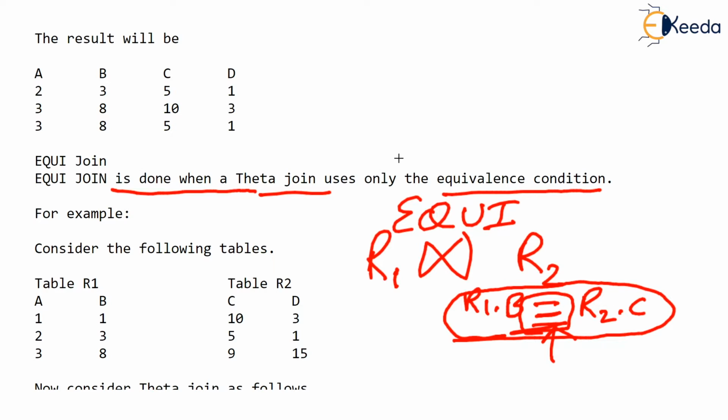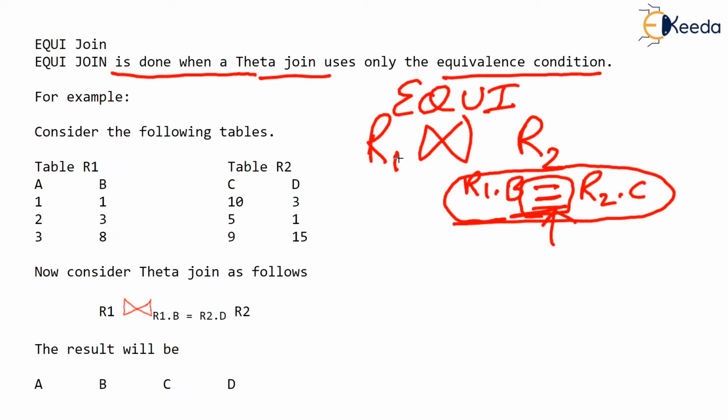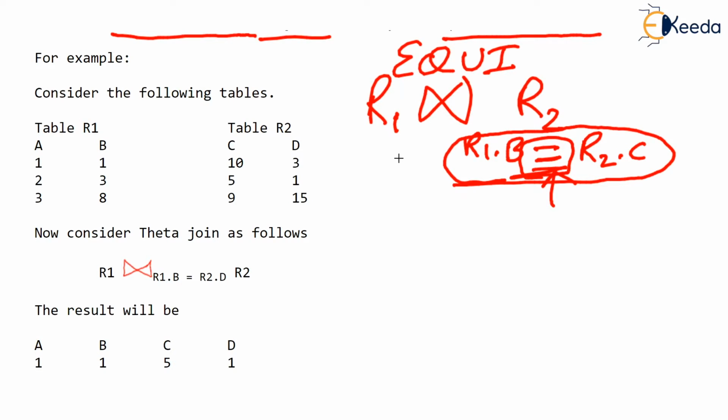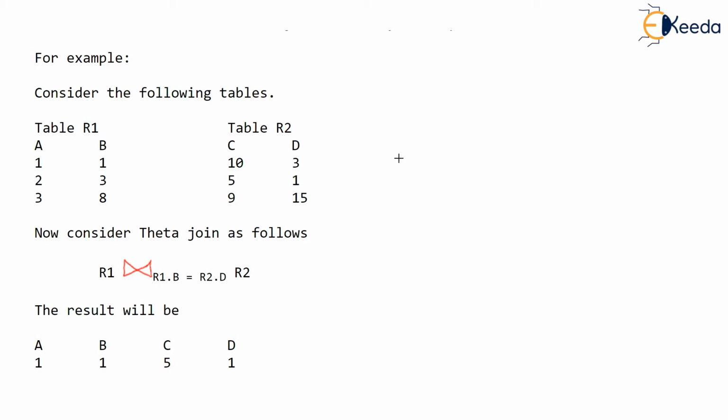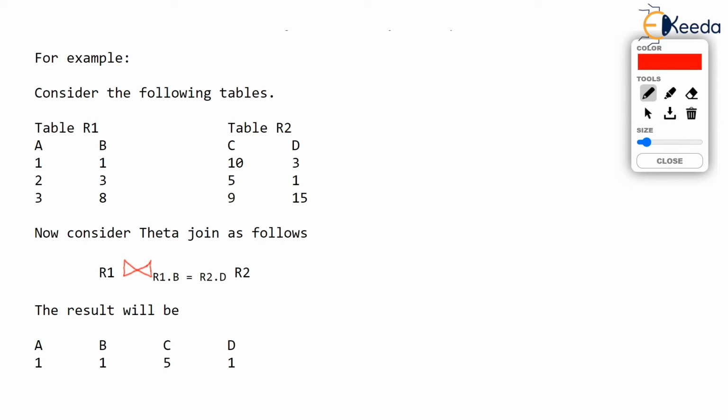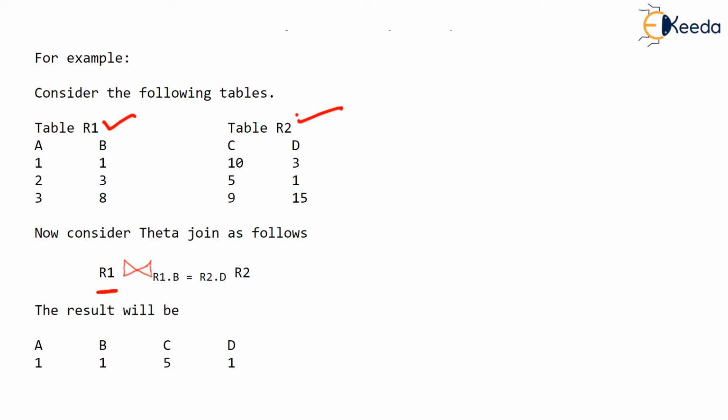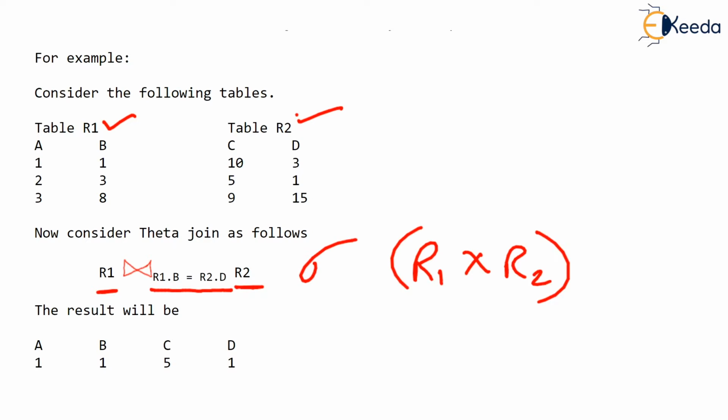As an example, I have got two tables again, R1 and R2, and just observe the two tables R1 and R2 here. What we are doing here is joining R1 and R2 based on the condition that filters out only those rows from R1 cross R2, recall this, only those rows where R1.B is equal to R2.D.